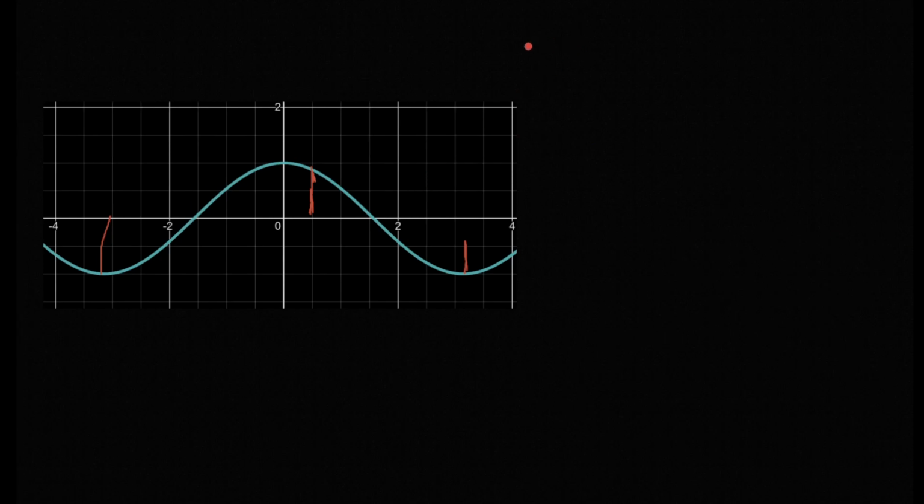So I'm just going to write that over here. I'm going to write that in blue and say that let's call f of x equals cosine x.